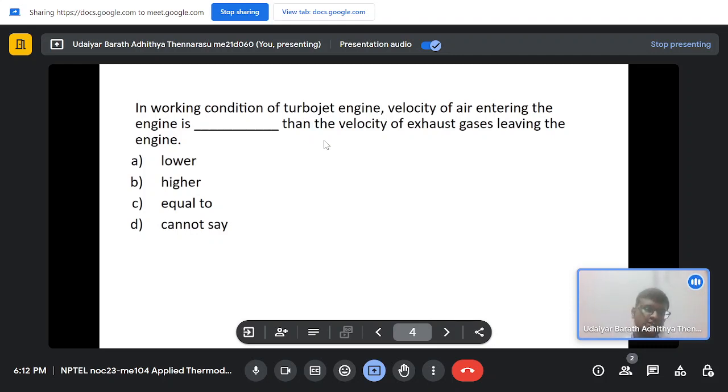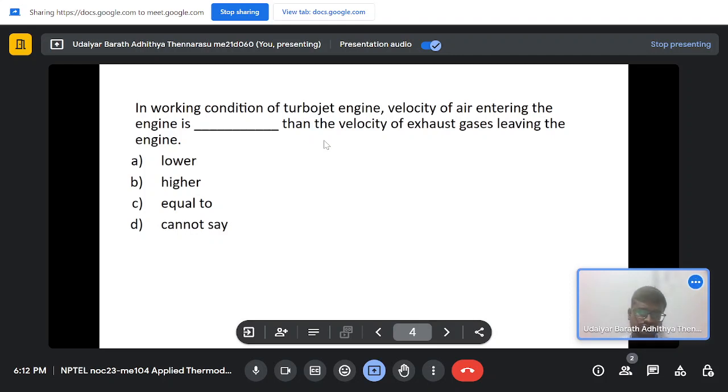For the aircraft to be at a uniform velocity, you need that thrust to remain the same, because of the velocity you will also have drag forces on the aircraft which will try to pull it. So that thrust will cancel out the drag and it will maintain uniform velocity.